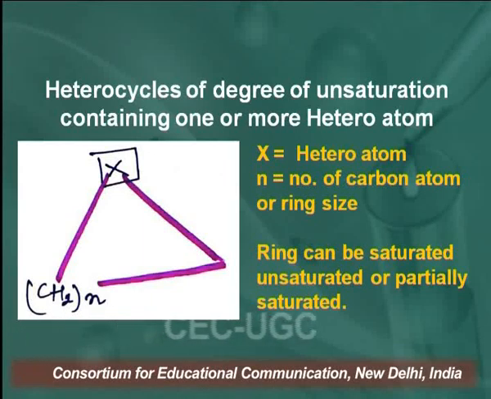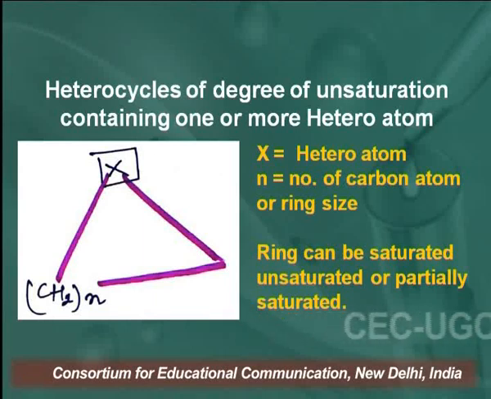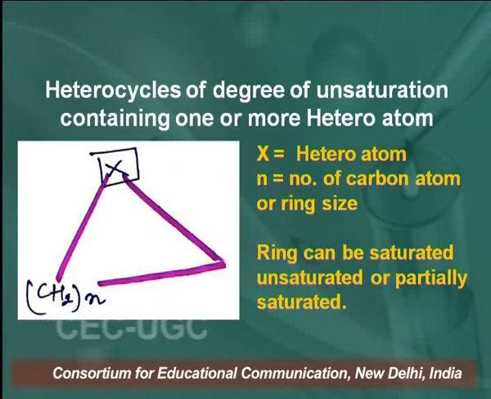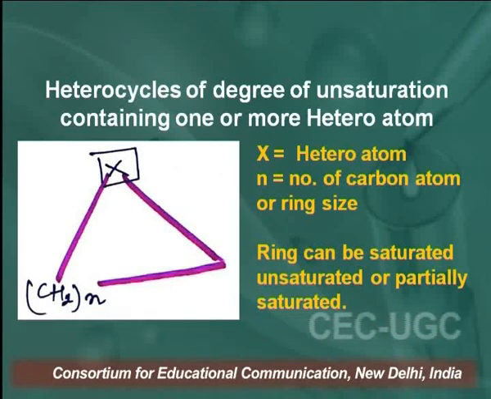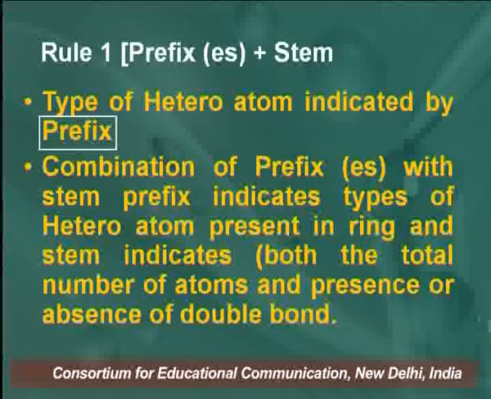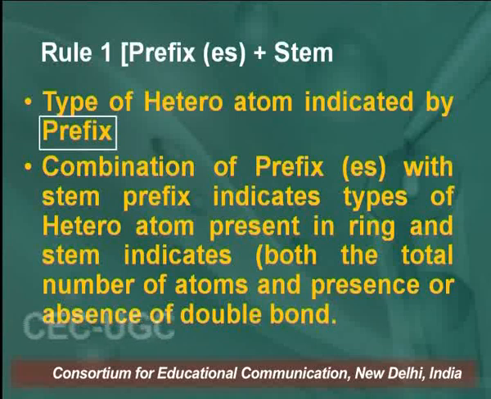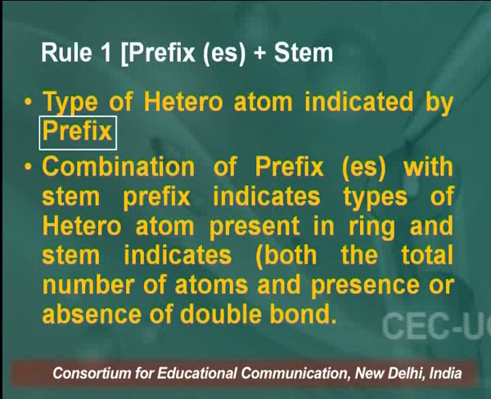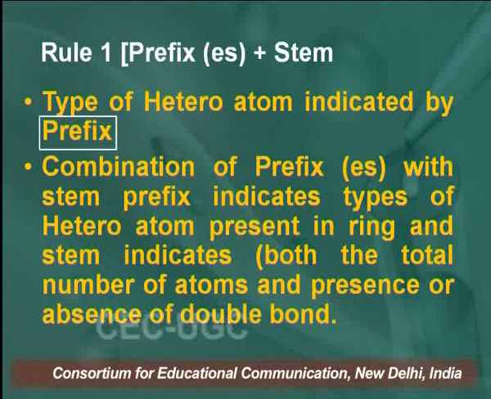So, learners, it's very important. Please focus over here. How can we give them a name? Number one, heteroatom. X, I have represented the heteroatom. Second, N. N is the number of atoms or the ring size. The ring can be saturated, unsaturated, or partially saturated also. So, the number one rule is prefix or prefixes plus stem. Now, the type of heteroatom is indicated by prefix or prefixes, right?